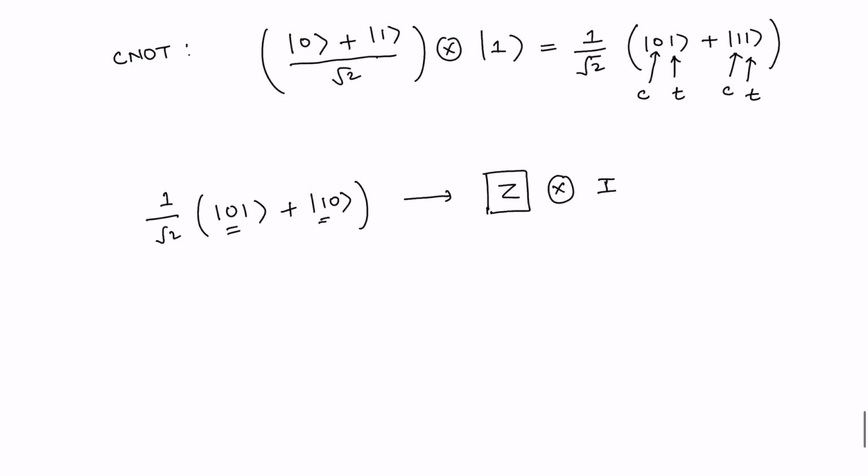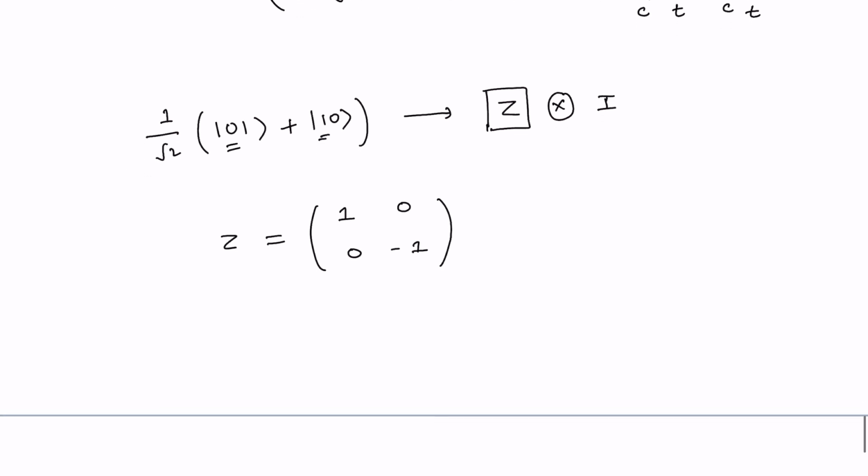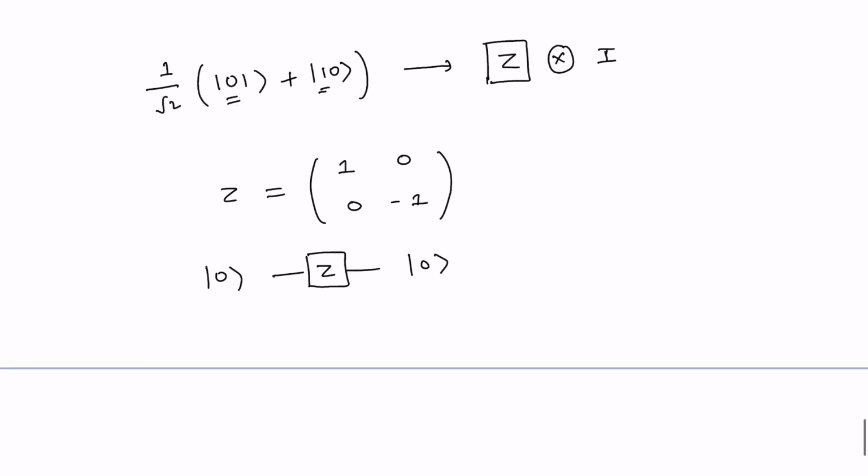Now what is a Z gate? The Z gate operation is defined as the matrix [1 0; 0 -1]. So if you have |0⟩ and it passes through a Z gate, it will remain |0⟩.